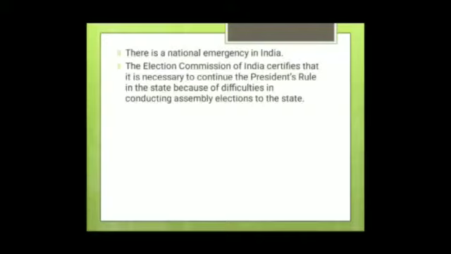So this makes it clear what happens when President's rule is imposed. The governor carries the administration, right? The president can promulgate ordinances. The state legislative assembly could be either suspended or dissolved by the president.